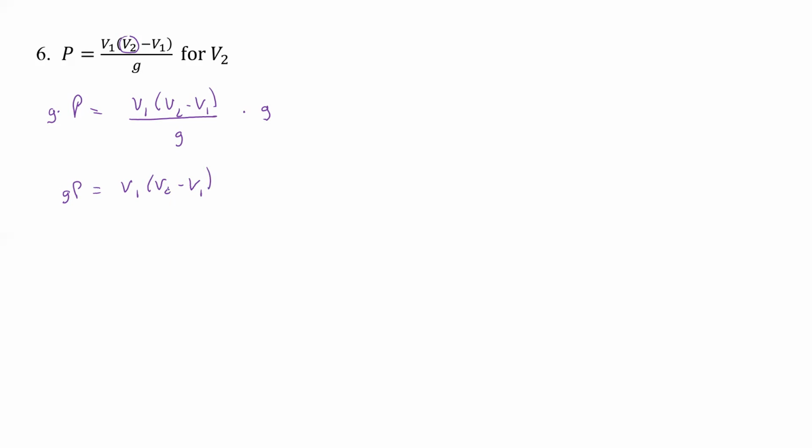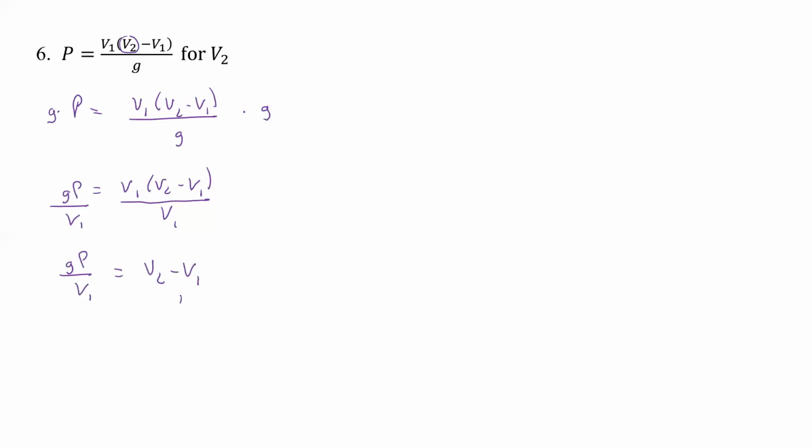Now, to get to the V2, we have to get rid of this multiplication, so we have to divide by V1. So now we have GP over V1 equals V2 minus V1.